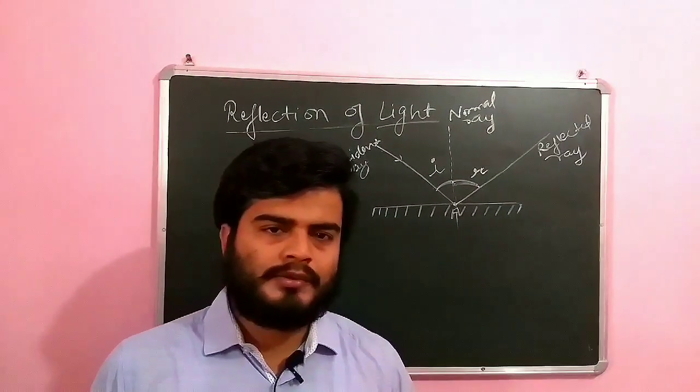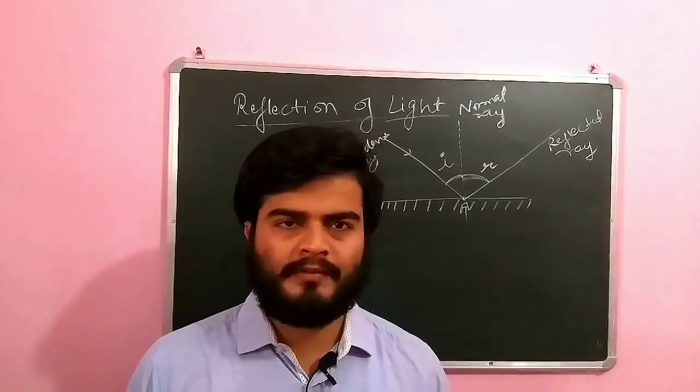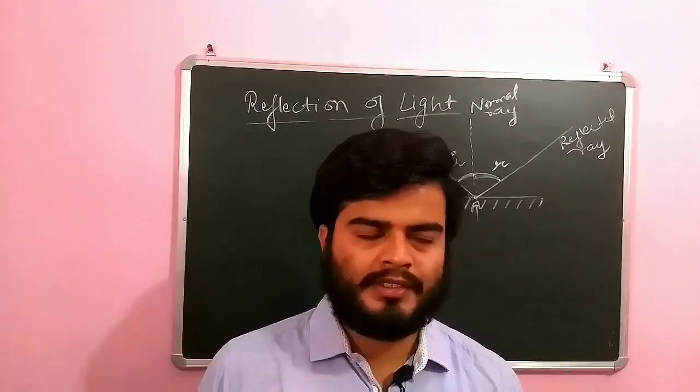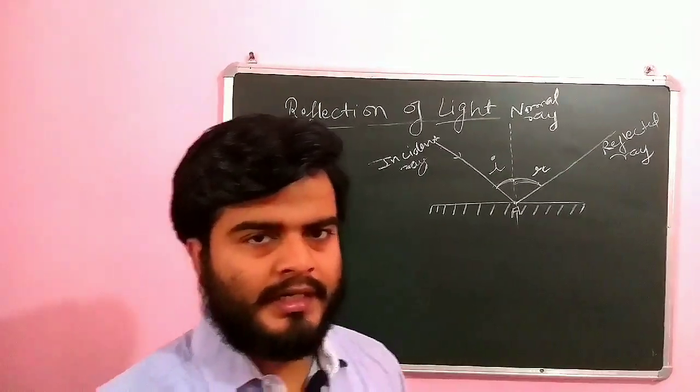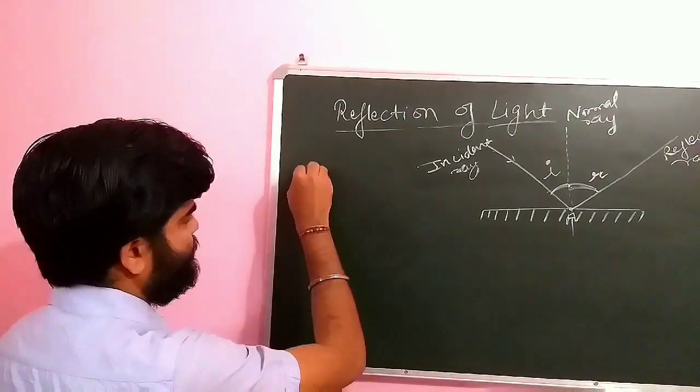Now we will do image formation by a plane mirror, as you all have plane mirrors in your home in which you see your image. We will first write the basic characteristics of the image formed by a plane mirror.